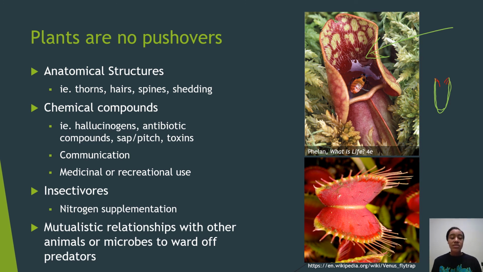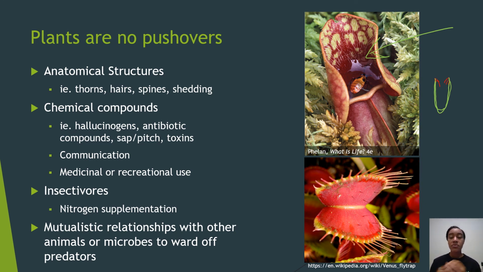And then also plants are able to engage in some mutualistic relationships with other animals and microorganisms to ward off enemies. So we talked about the mutualistic relationship between pollinators when there's nectar and bribery involved. And also in the case of fruits, the plant benefits because it's able to spread its pollen or seeds, and then the animal benefits because it gets nutrients from the plant. But then there can also be interactions between plants and other organisms that help to protect themselves.